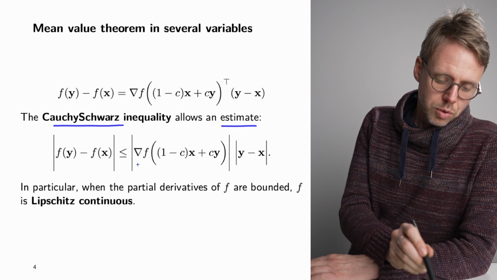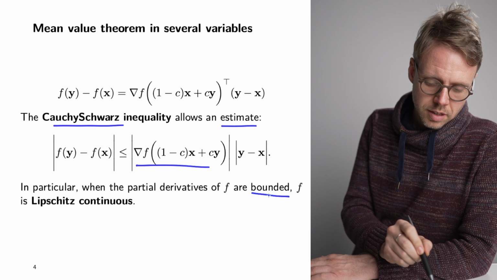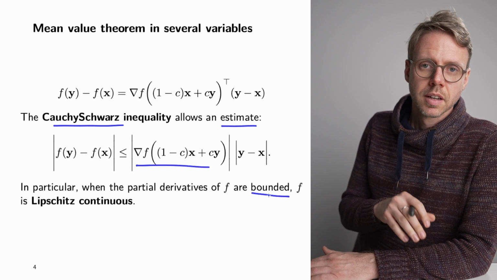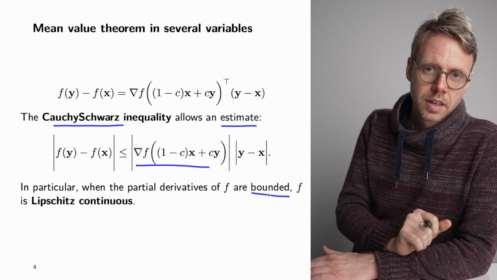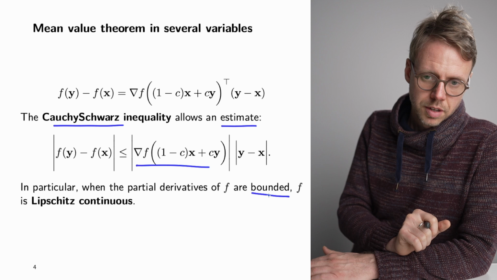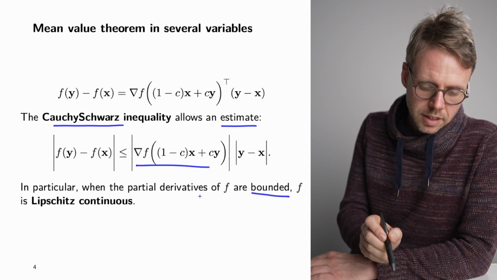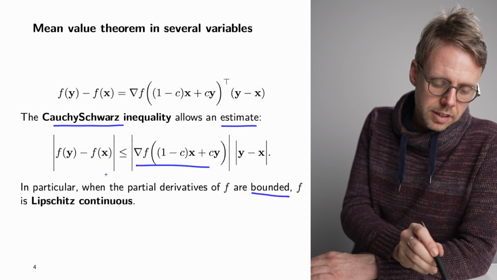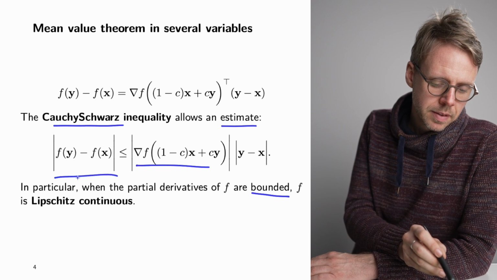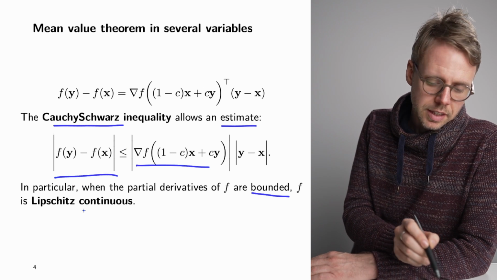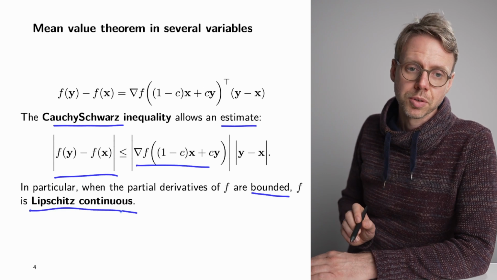Now, if this gradient is also bounded, so it means it never takes a value of infinity or minus infinity as any of its entries, then we know that this also needs to be bounded. So it also needs to be always finite. In this case, we call the function Lipschitz continuous.